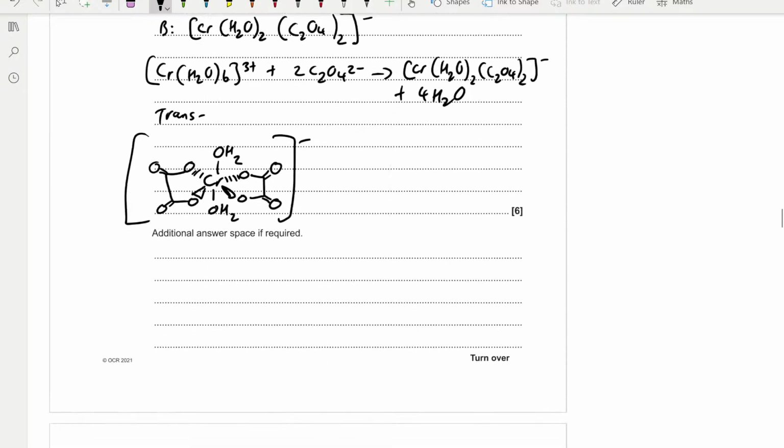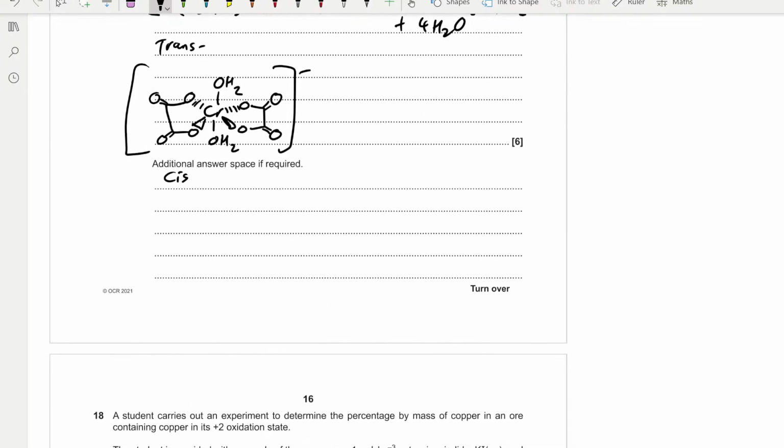And then we'll have our cis stereoisomers. So got this one with our water molecule here, and our water molecule there and there, and our ethanedioate ligand here.